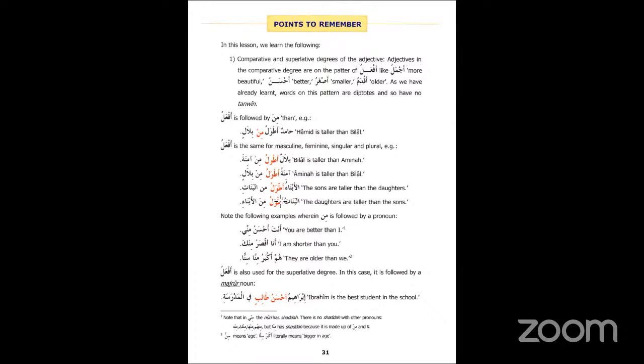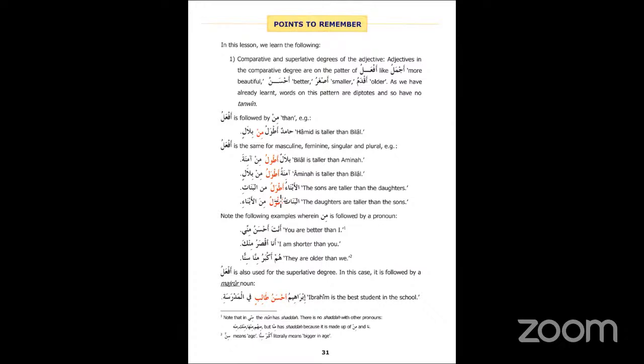Af'alu is followed by min. Example: Hamid is taller than Bilal. Hamidun atwalu min Bilalin. Af'alu is the same for masculine, feminine, singular, and plural.